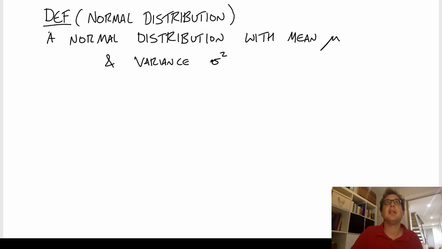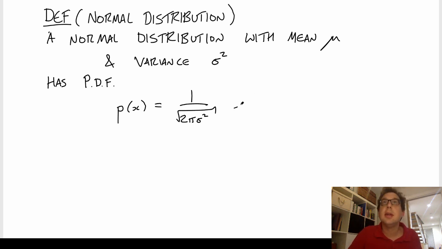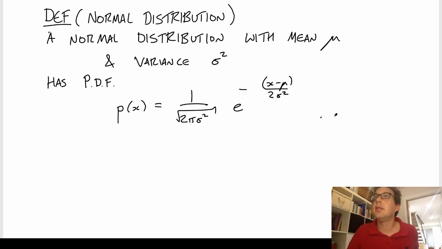So here sigma is the standard deviation and sigma squared is the variance. It has probability density function given by p(x) equals 1 over the square root of 2 pi sigma squared, times e to the minus (x minus mu) squared divided by 2 sigma squared. And that again is for values of x belonging to the real numbers.